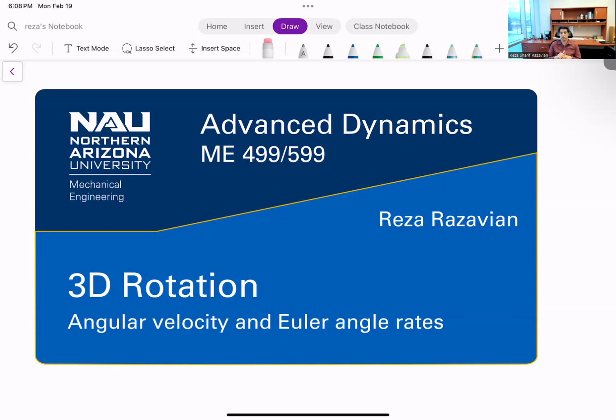But today, in this video, let's talk about angular velocities and how they are related to Euler angles. And from there, it's very easy to see an important problem with Euler angles. They are not angels. They're not Euler angels. They're only angles. All right.